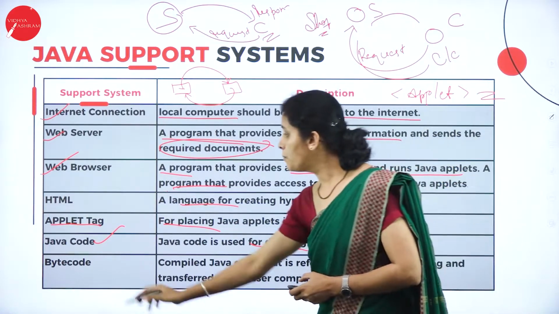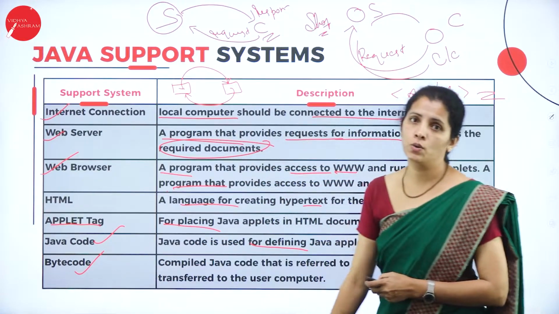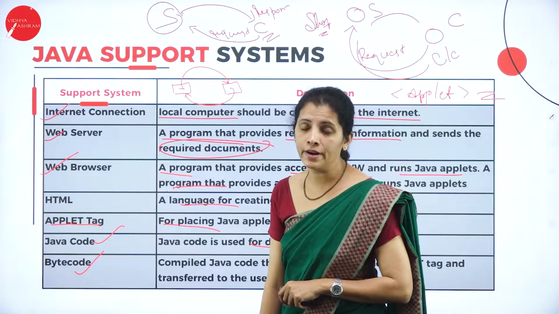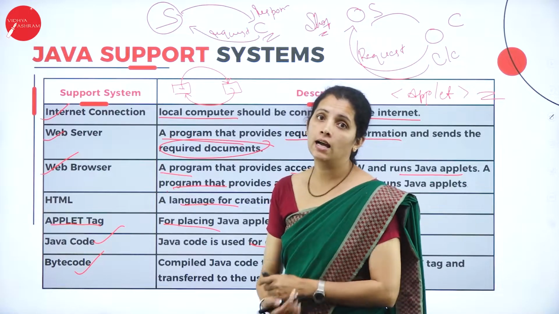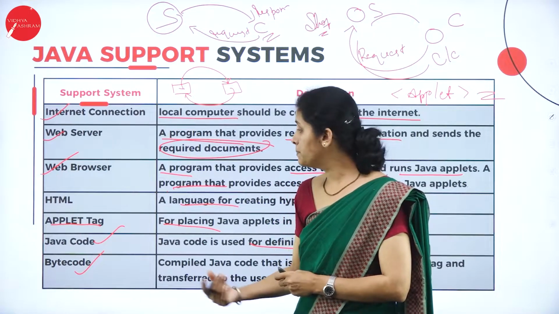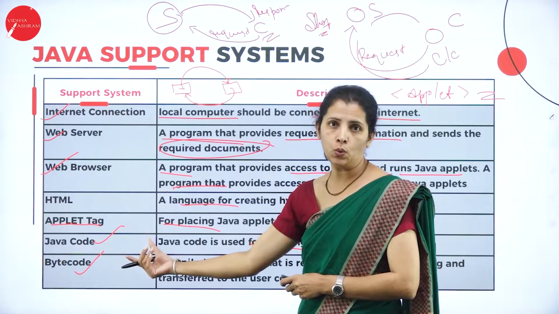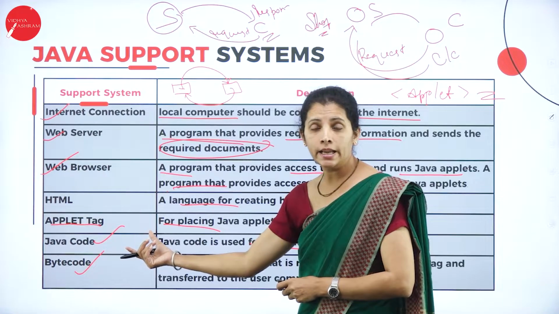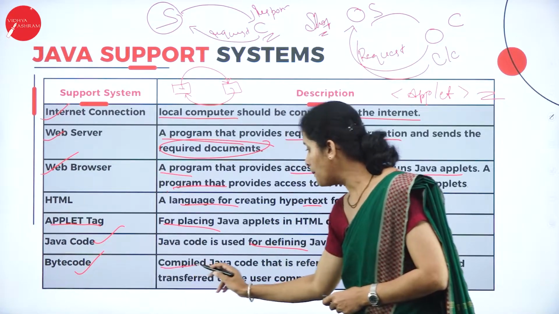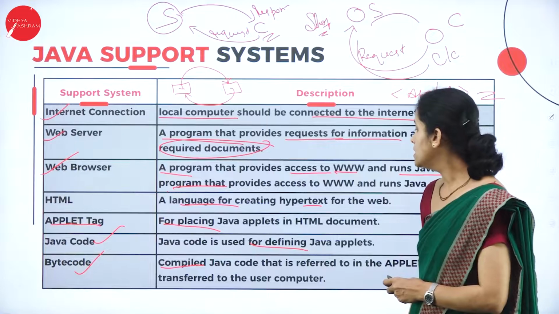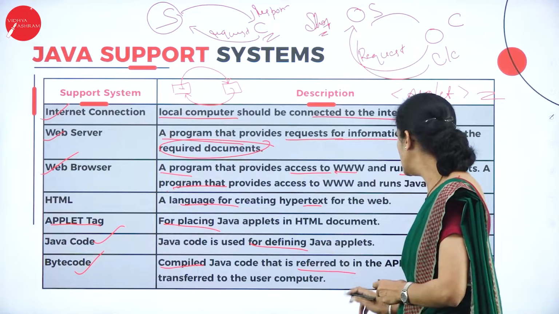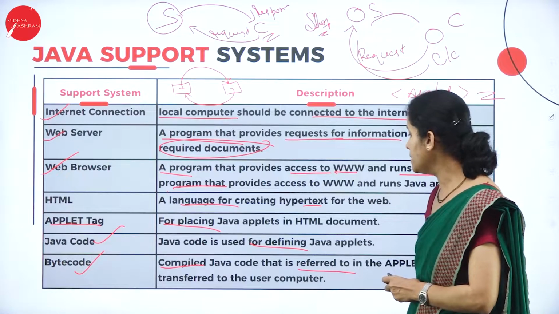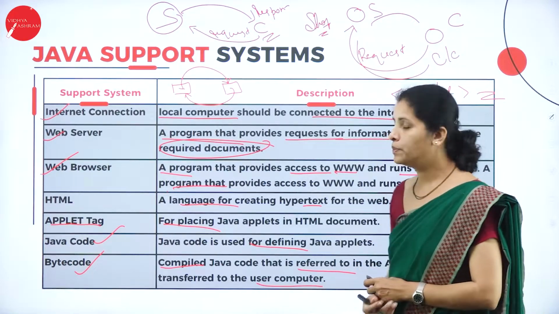The next point here is bytecode. So dear student, here Java is different from all the other programming languages because of bytecode. Now, this bytecode is intermediate code, compiled Java code that is referred to in the applet tag and referred to the user computer.